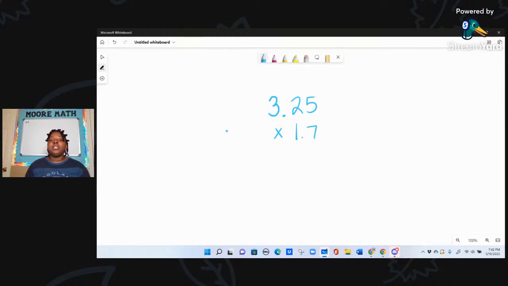The best way to multiply decimals is to pretend like there's no decimals there. So we're just going to do 325 times 17. And however you would normally do that, that's exactly what we're going to do.